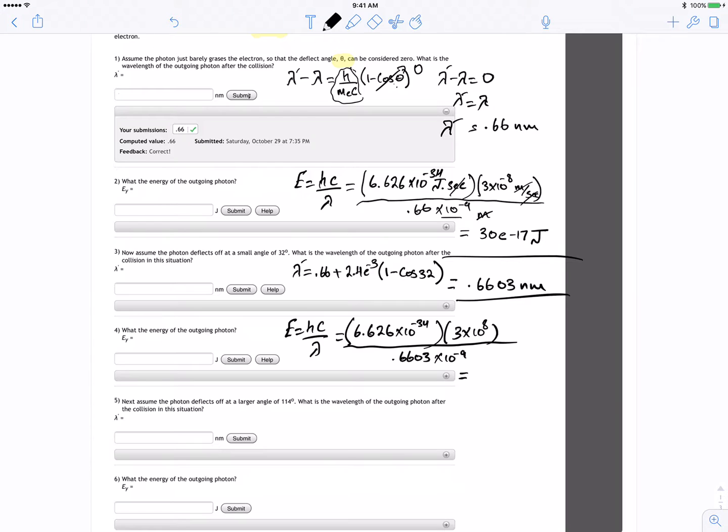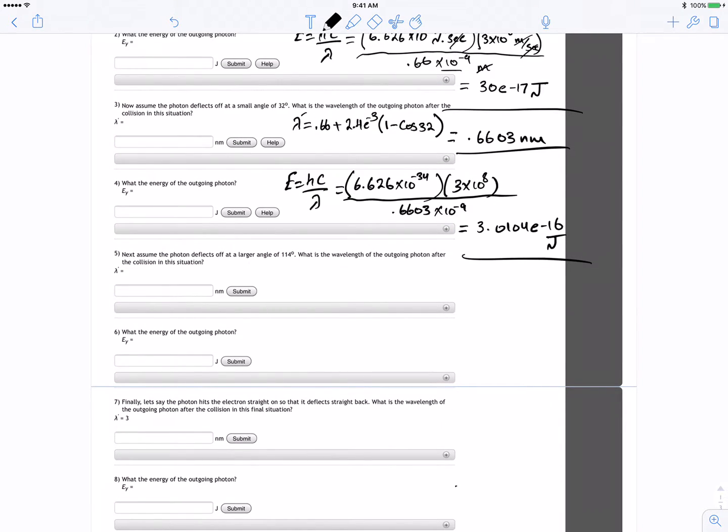For this, I got an energy of 3.0104 e to the power negative 16 joules.